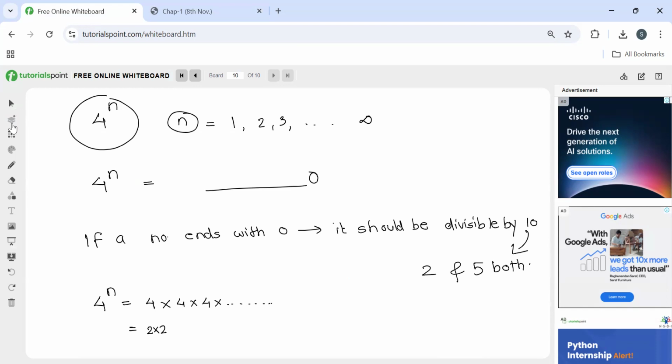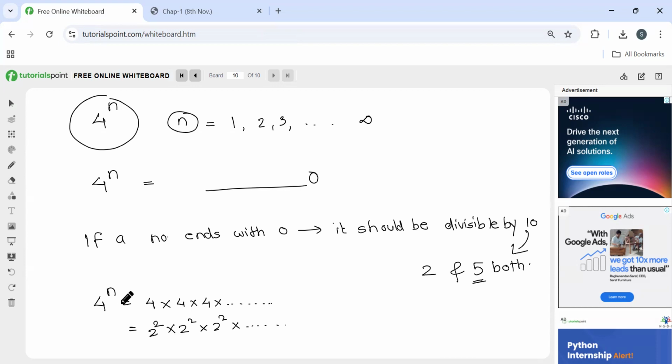So 4 into 4 can be written as 2 square into 2 square into 2 square into 2 square. No further prime factorization is possible. This is how I prime factorized 4. So in this whole multiplication, only 2's are involved. 5 is not at all involved.